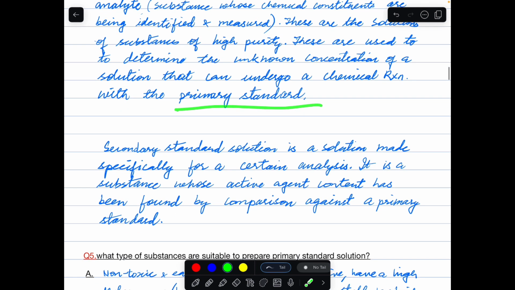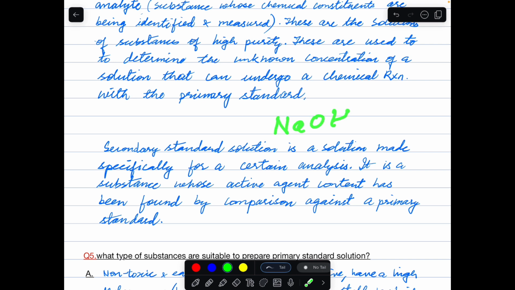Now secondary standard. A secondary standard solution is a solution which we prepare specifically for a certain analysis. Like for example, as we discussed in the case of sodium hydroxide. Sodium hydroxide solution we cannot prepare accurately, or we cannot avoid error while weighing and preparing the solution. Why? Because sodium hydroxide is hygroscopic in nature.